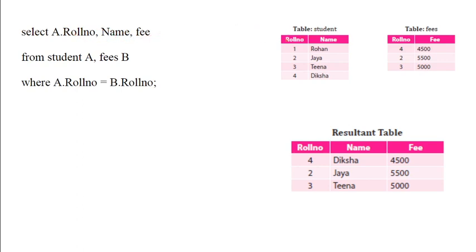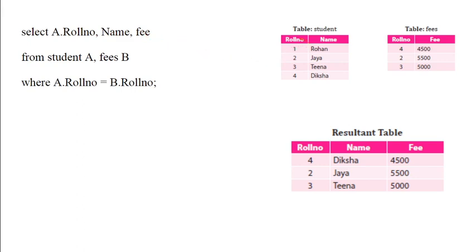Since there are roll numbers in both the tables, it will be a confusion. So to avoid this confusion, we have written student dot roll number. If it were different names, then it was not a problem. You can write the column name itself, but here the same name is used in both the tables. So to avoid that confusion, we have used student dot roll number comma name comma fee.